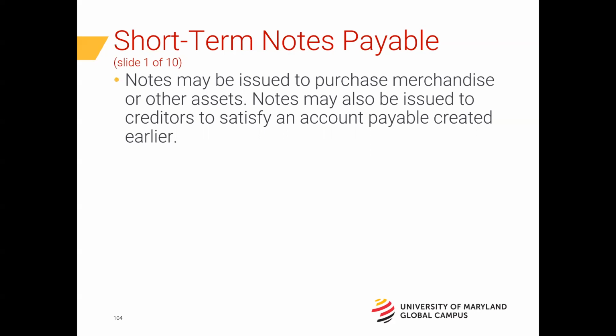Typically, this is done when I make large purchases for inventory, and I don't have the funds right away to pay for all that inventory within 30 days. So I work out a deal with my supplier and say, hey, supplier, I'll purchase all this bulk inventory and I'll pay you over time through a loan, notes payable.